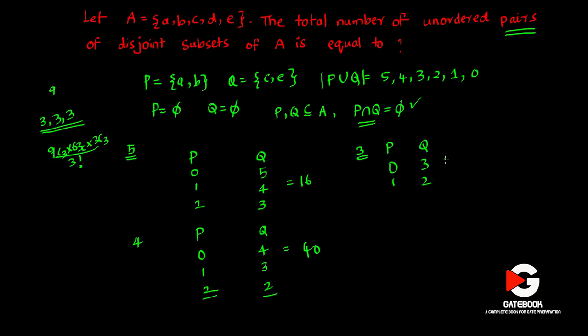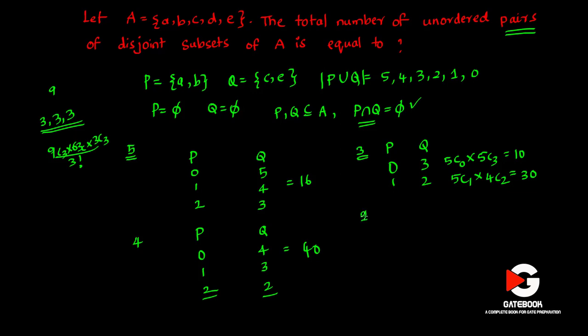The formula for this one is 5C0 into 5C3, and 5C1 into 4C2. 5C0 into 5C3 is actually 10, and 5C1 into 4C2 is 5 into 6, 30. So we have 40 combinations with 3.